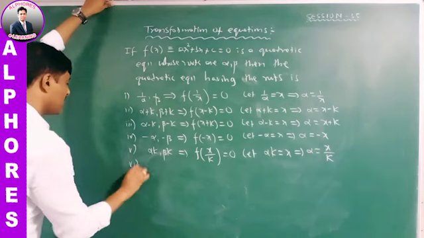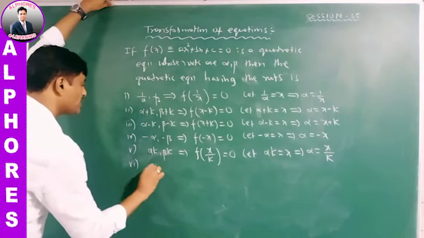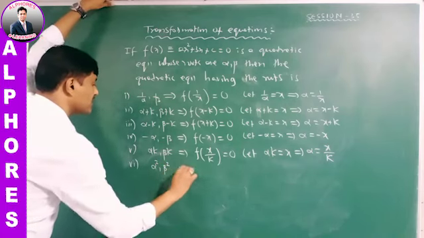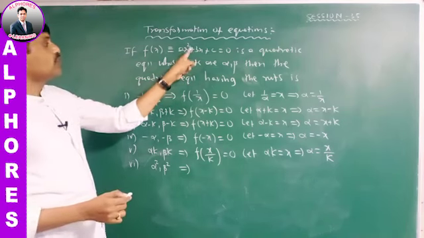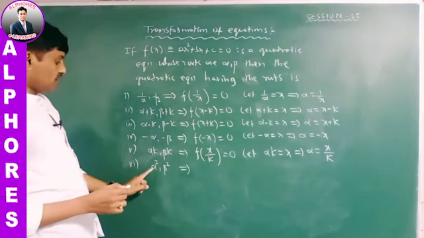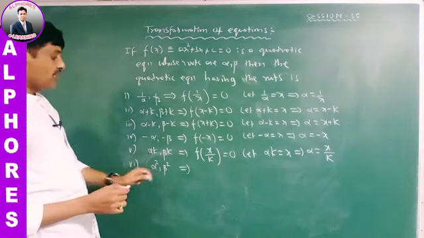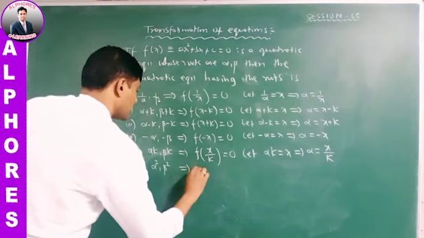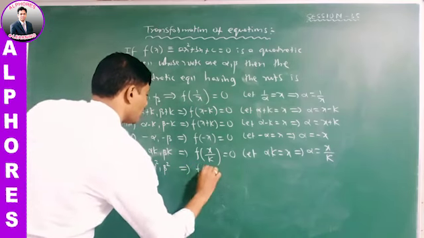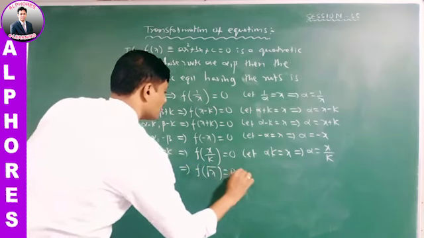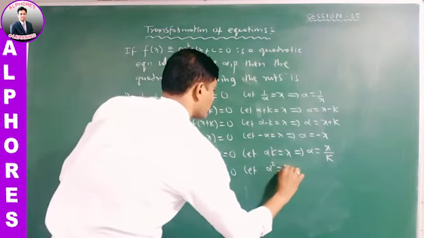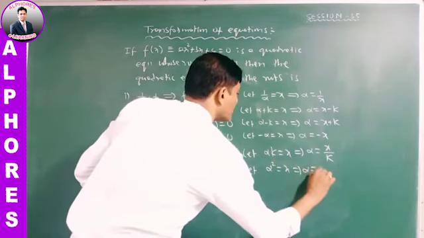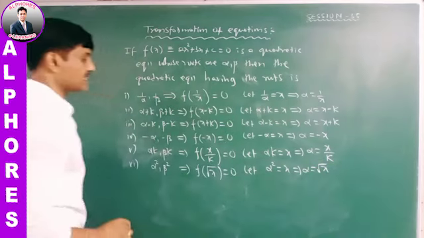Now, whose roots are squares of the roots of the quadratic equation, means alpha square, beta square. What is the quadratic equation having roots alpha square, beta square? It is nothing but f of root x is equal to 0. Yes, this is very clear. You take alpha square is equal to x, alpha is equal to what? Root x. Okay.